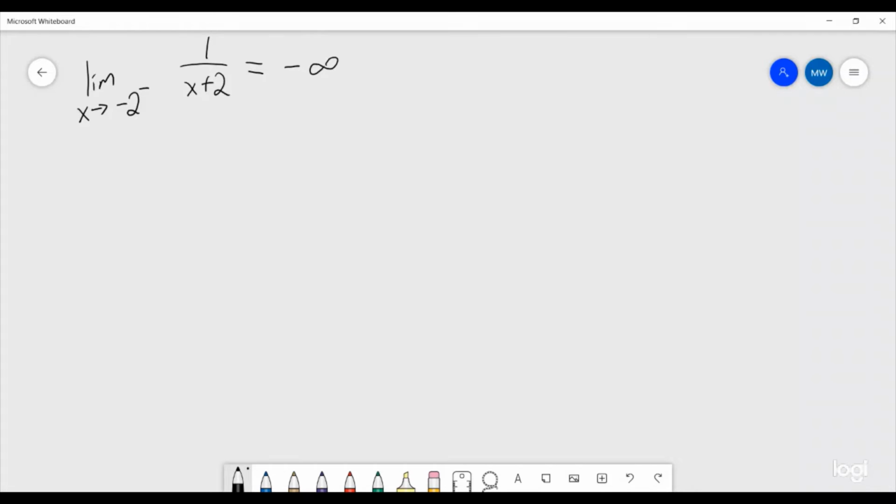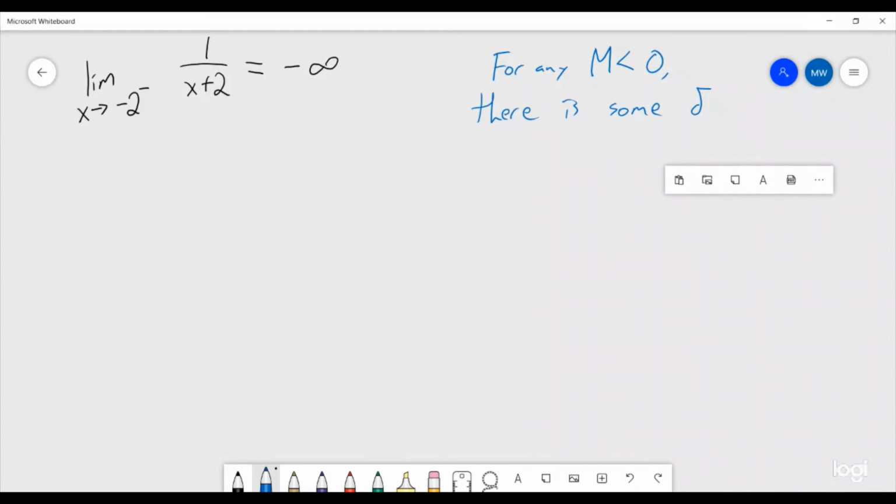This is going to be a little bit different than the last one. We are still going to show that for any big M, well, in this case, since we're going to negative infinity, any big M less than 0, so any large negative number, there is some delta bigger than 0 such that we have x minus negative 2, so x plus 2.